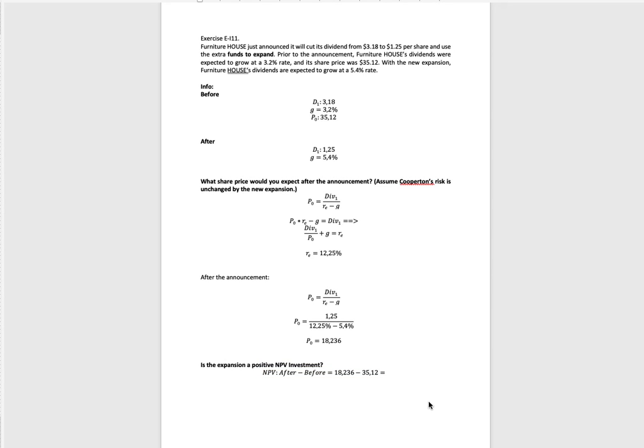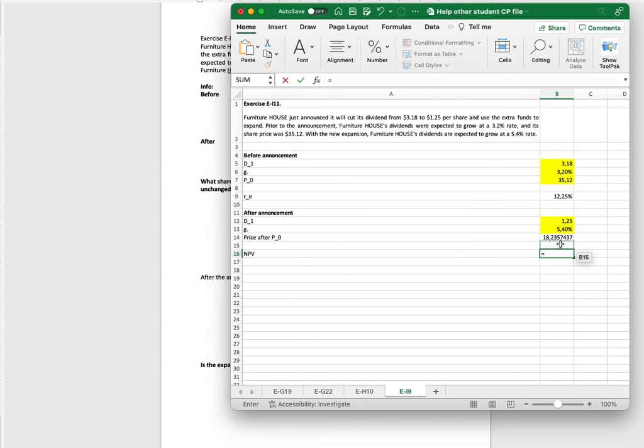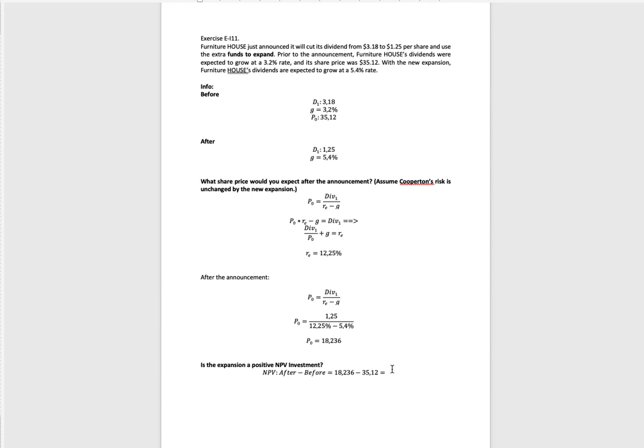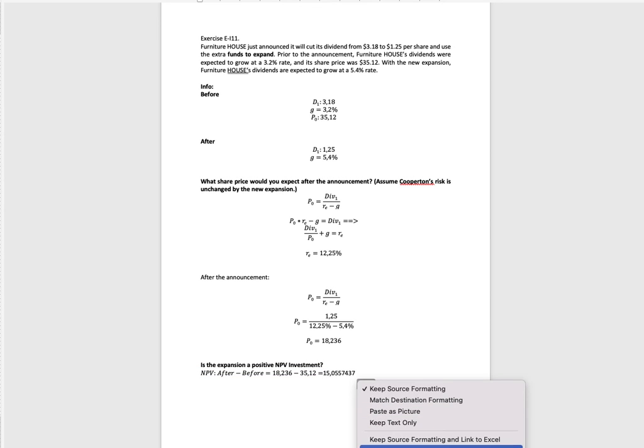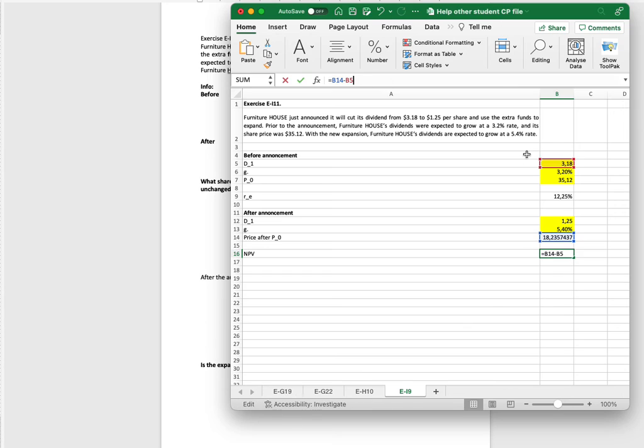So the NPV would actually fall by 16.884. So obviously a minus. I'm messing around and I'm making the same mistake.